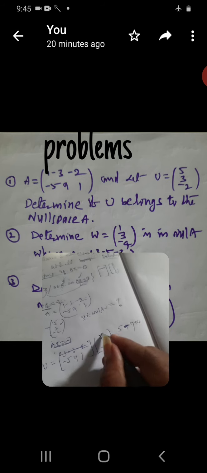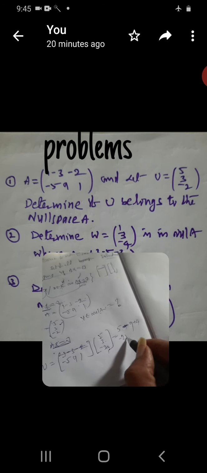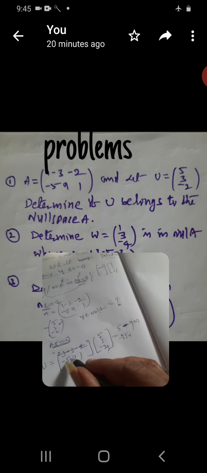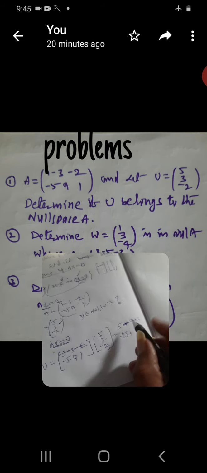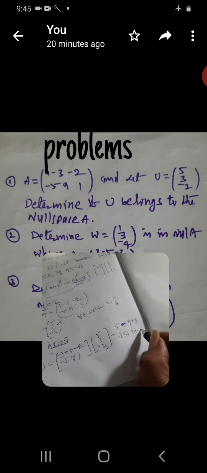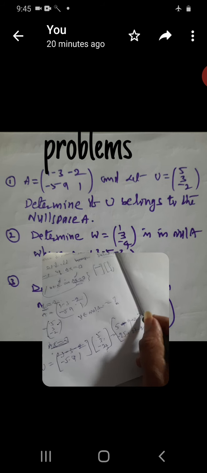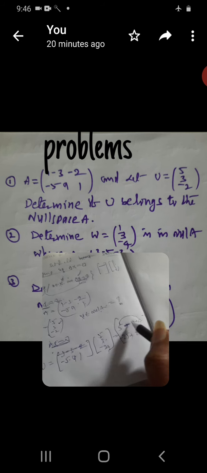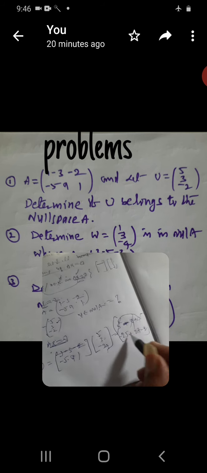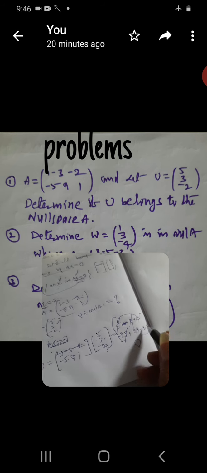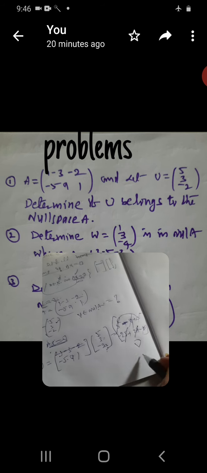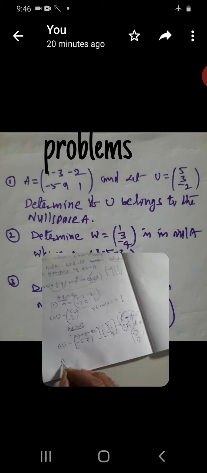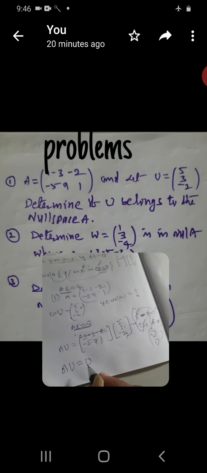Second row: -5 times 5, -25, plus 9 times 3, 27, minus 2. Listen, 5 plus 4 is 9, minus 9 is 0. And 27 minus 25 minus 2 is 0. Whatever the result, Au is equal to 0.